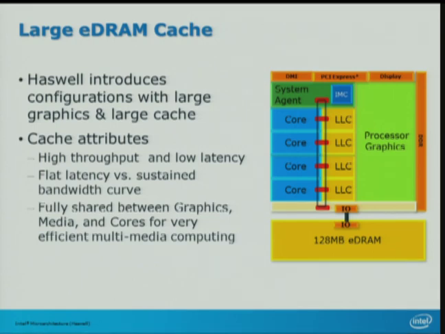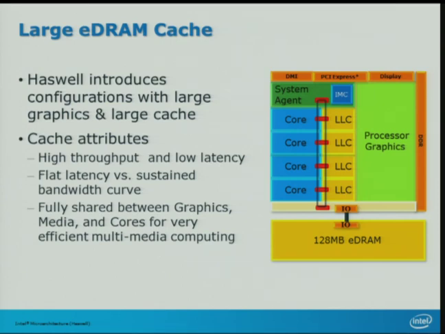What we really wanted to do was to make sure that it was easy for people to code to it, because there was a lot of skepticism, I think healthy skepticism, whether caches would work for graphics workloads. So we did a lot of work to make sure that we understood how graphics workloads actually behaved, and then we architected this cache solution to make it work.